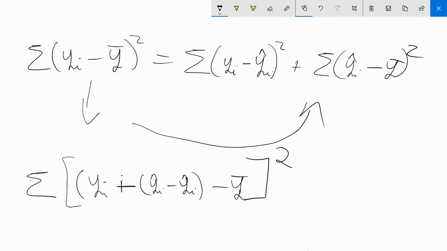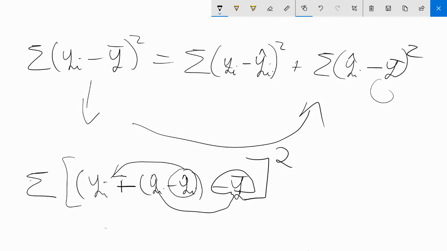Now you can rearrange. As you can see, yi must go with negative yi hat, which means this negative yi hat is going to join this, and this one will be joined by this, and then they will give you this part.